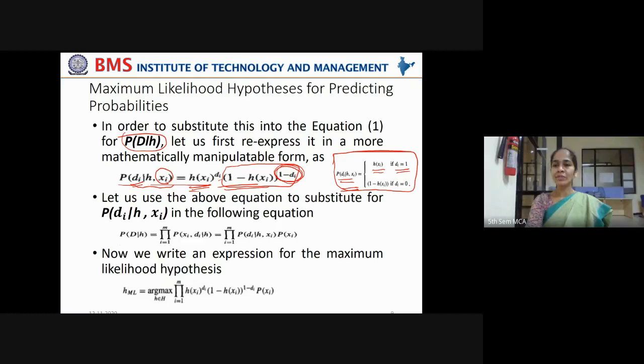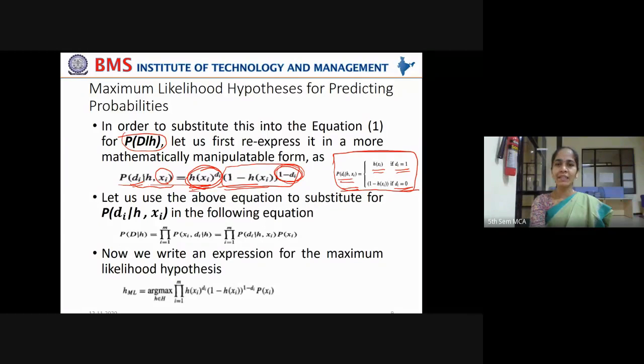That's all. Now say if di equal to 0, what will happen? This term will become 1 because anything power 0 will become 1. Now 1 minus di, that is 1 minus 0, will be the power here, and the power becomes 1. So it is 1 minus h of xi.